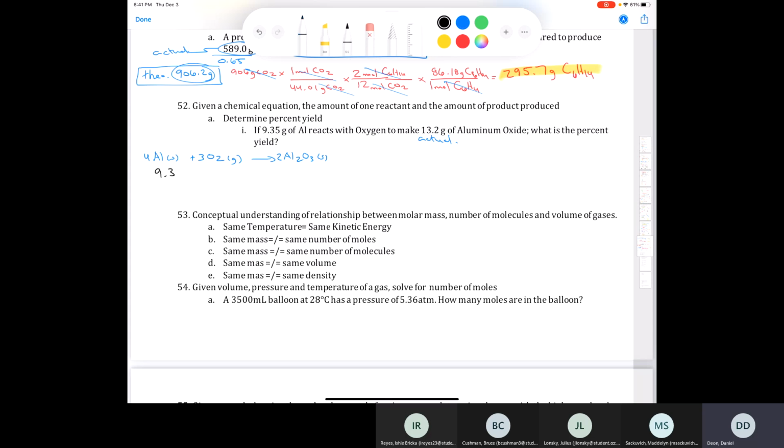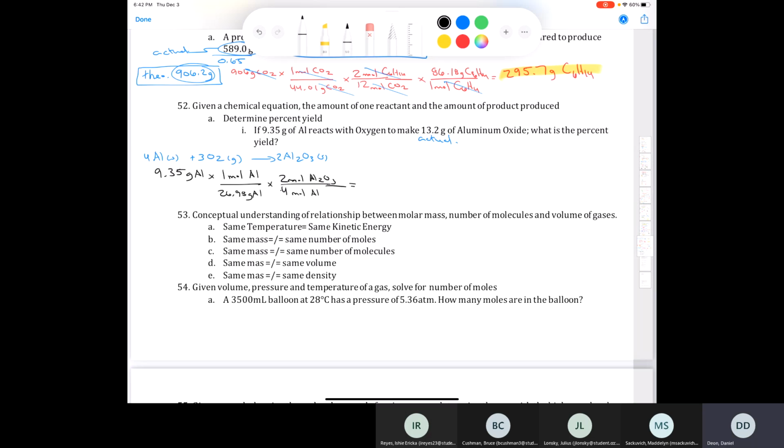If I start with 9.35 grams of aluminum, and I know that in 1 mole of aluminum, I have 26.98 grams of aluminum. For my balanced equation, I know that for every 4 moles of aluminum, I'm going to make 2 moles of aluminum oxide.